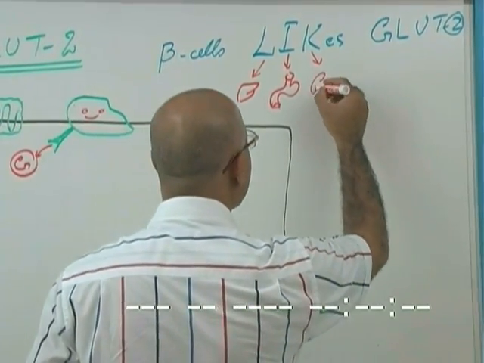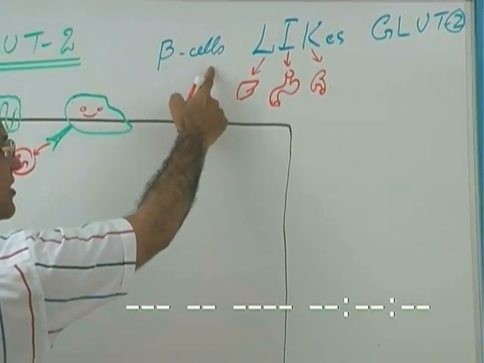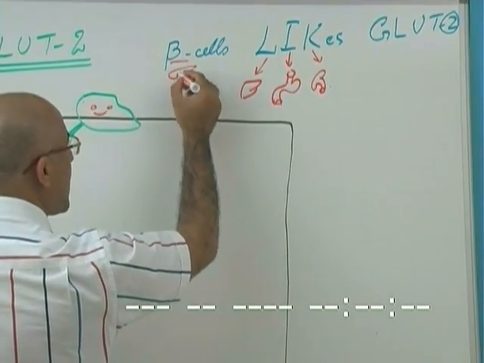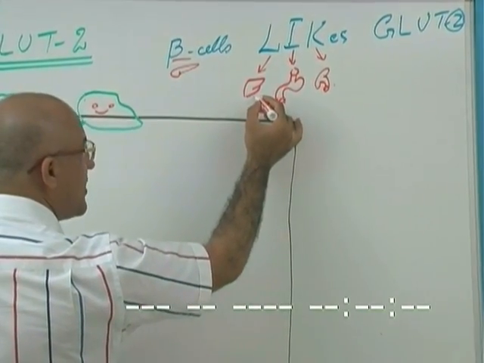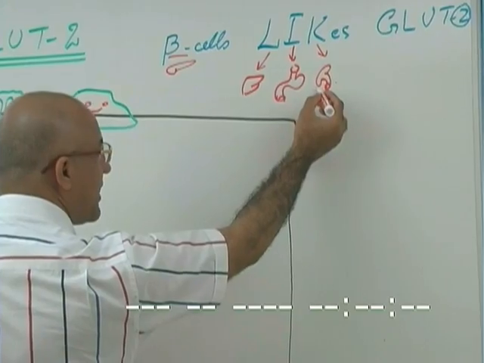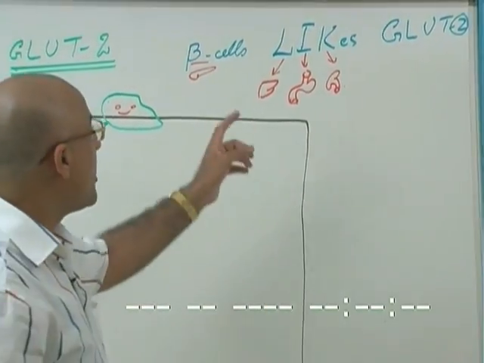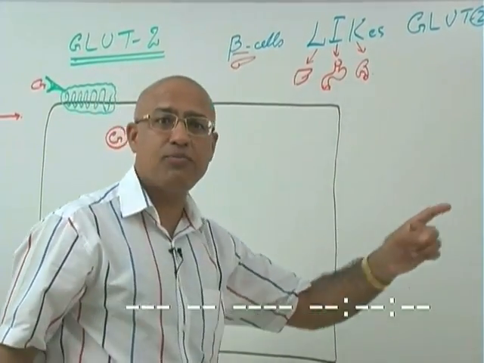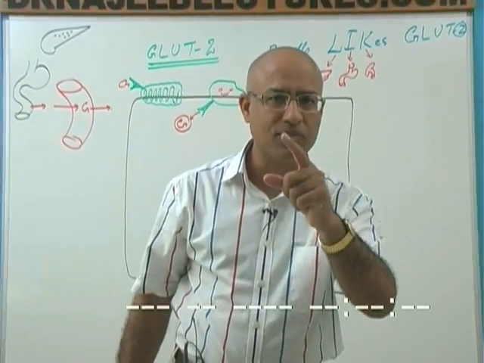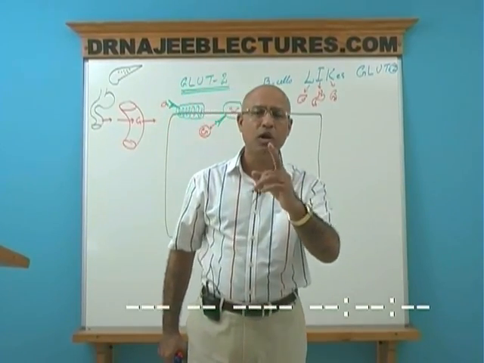So when I say beta cells like GLUT-2, it means beta cells in the pancreas, cells in the liver, cells in GIT mucosa, and cells in renal tubules. All these cells have which kind of glucose transporters? GLUT-2.